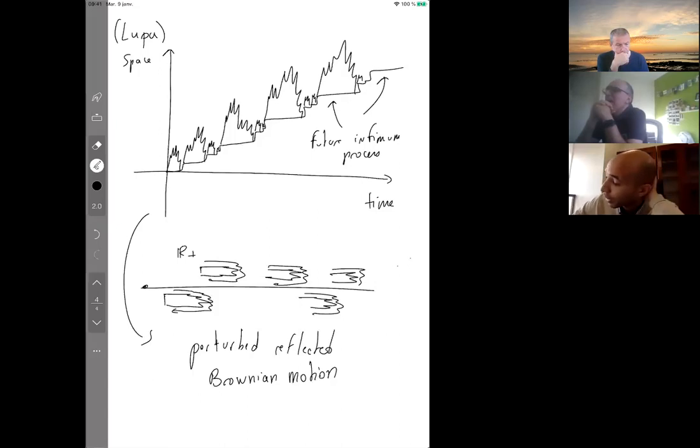So when you look at the excursions of your process above the future infimum process, those are the loops of a loop soup. So it's actually a way to construct the loop soup as well. You construct this process first, and the loops are the excursions above the future infimum process.